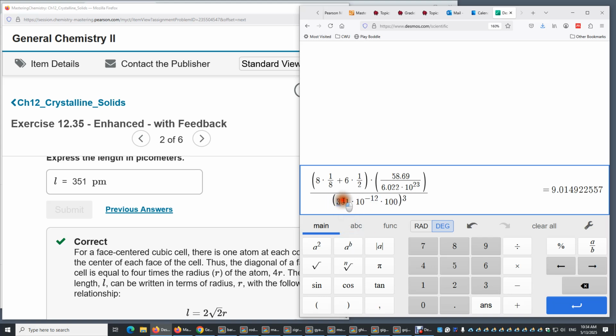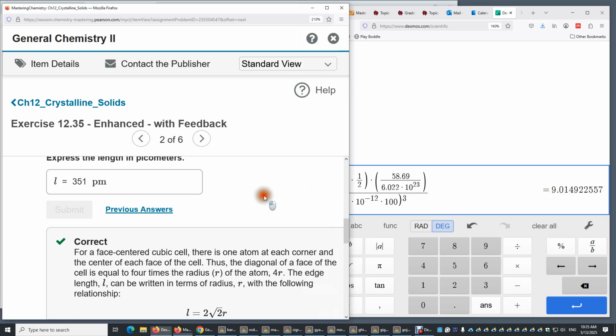So again, 351 picometers can be converted to centimeters this way. First we convert picometers to meters, and then we convert meters to centimeters. And now this is the setup. The unit of this value would be gram per cubic centimeter, 9.01.